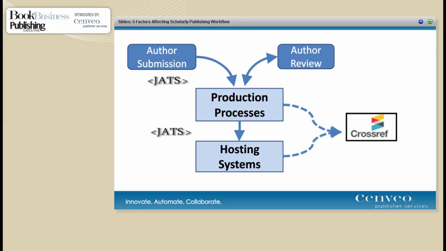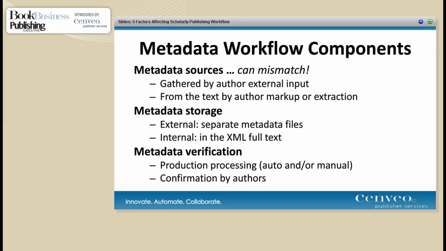Obviously workflow solutions can be very different based on the specifics of the metadata type. The source for the metadata can be external input from the author, or it can be found in the text by either author markup or extracted manually or algorithmically. And there can be serious mismatches between the externally submitted metadata and the article text, which is a serious workflow issue.